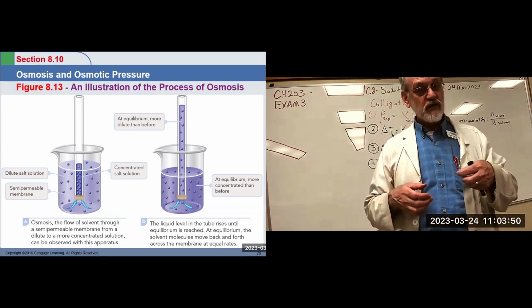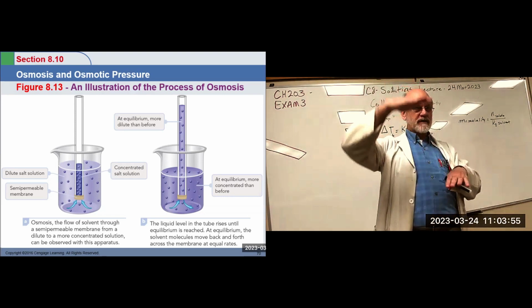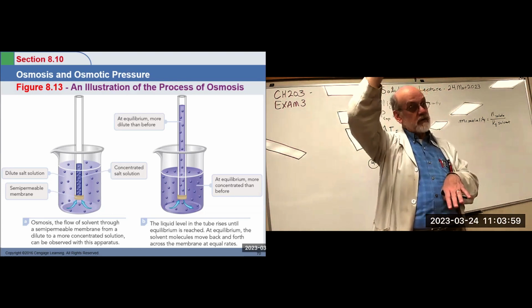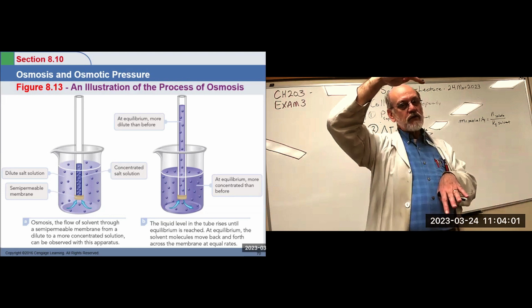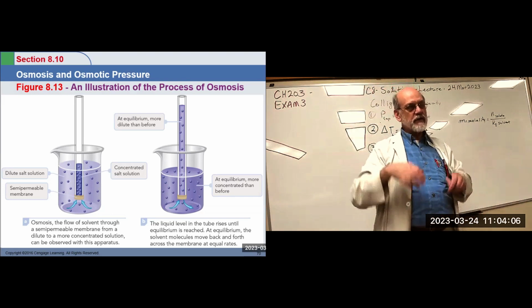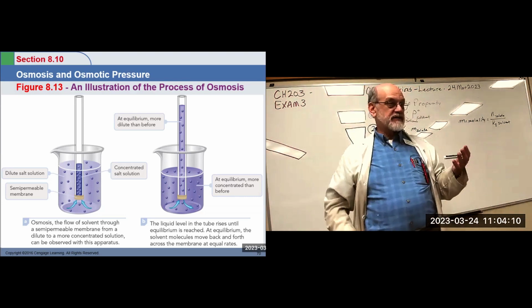And it will continue to do that until there is sufficient pressure as it rises in the tube, there's sufficient gravitational force, pressure, to oppose the movement of water into the tube. So you get those opposing forces. In fact, they're rates of movement.